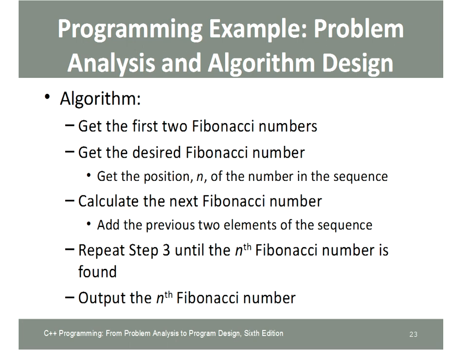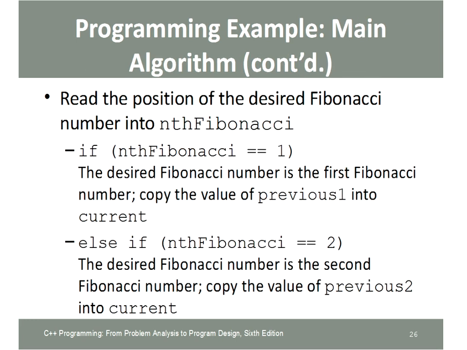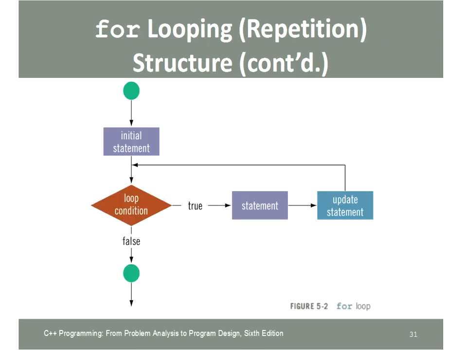But at least we're going to have a better understanding of how the program is supposed to flow. So we looked at that example with the Fibonacci numbers. Hopefully you looked at the example and walked through the whole process of designing this problem.